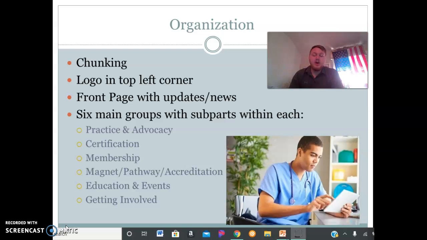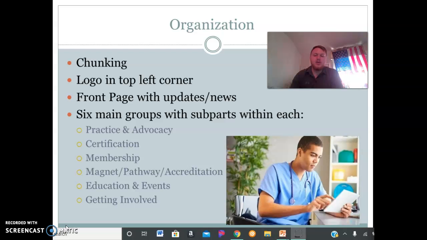First off, on every single page there is a logo of the ANA in the top left corner, which is extremely professional. Next, the way it breaks down its information is through chunking important bits of information together, so it's all more similar. They do this in one way.